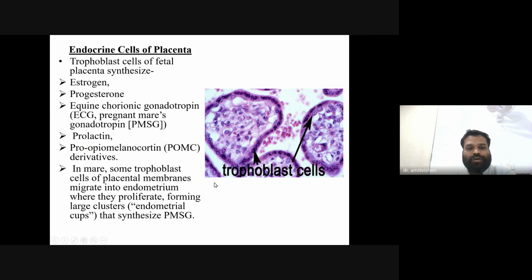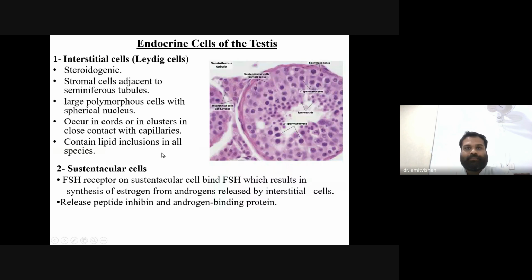But in case of mare, some trophoblast cells of the placental membranes migrate into endometrium, where they proliferate and form large clusters known as endometrial cups that synthesize PMSG, means pregnant mare's serum gonadotropin.